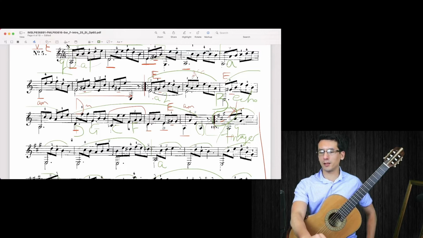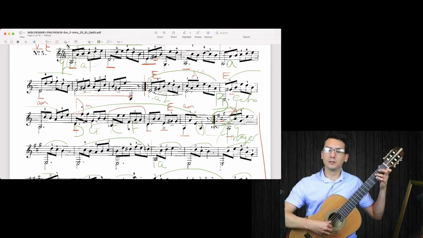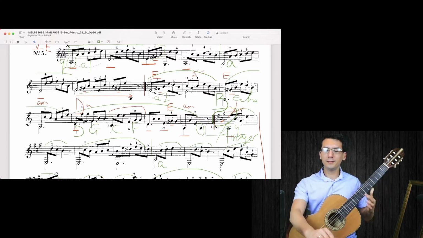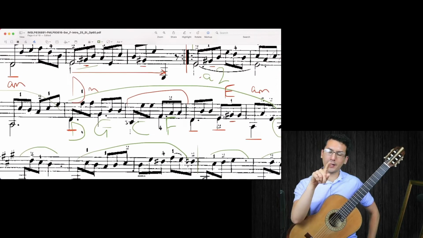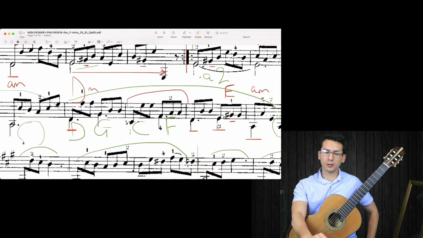And here Sor does something interesting, which we'll talk about. So I'll go from this measure. So you're going from D minor to G, C to F, and then we're back. So what he's doing here is he's outlining the circle of fifths. So we're going from D to G. If you imagine the circle of fifths here, I'll try and draw a circle.